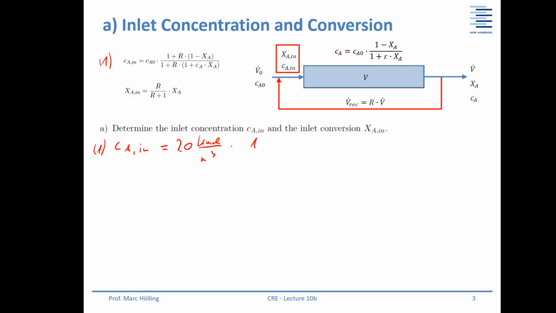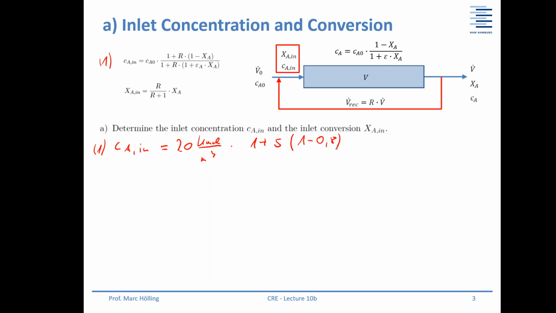times, and then it's 1 plus R. R was 5. We have a recycle ratio of 5. So this means that the outlet volume flow is V dot, and here you have 5 times the outlet volume flow recycled back to the reactor inlet. So times 1 minus 0.8.